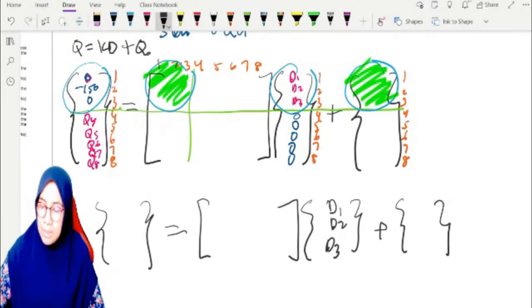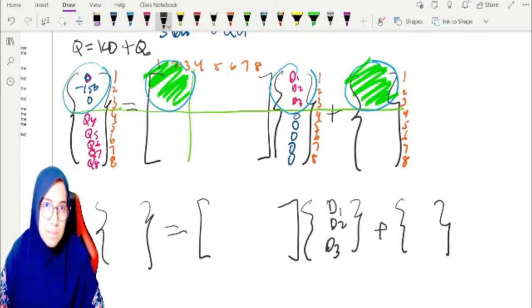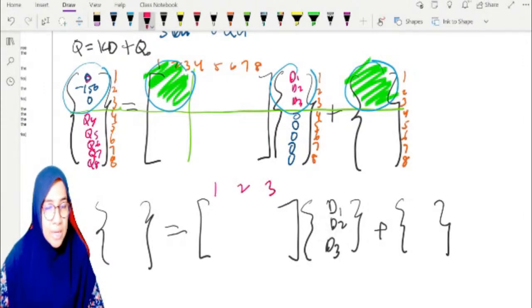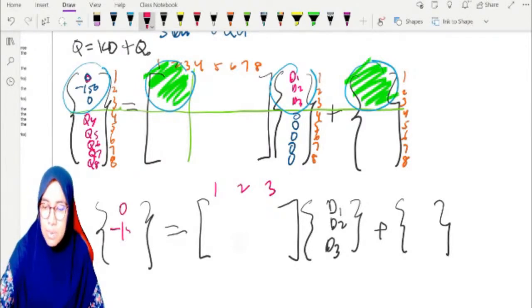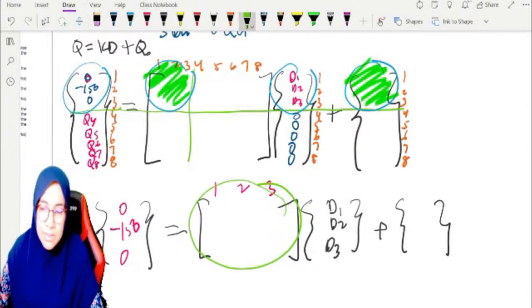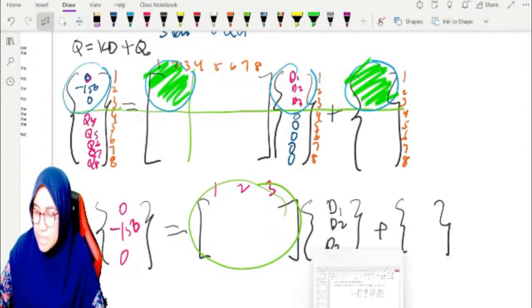Now we want to focus on the stiffness matrix, but I want to highlight this 3 by 3 only. So this is 0, negative 150, 0. Now I want to fill in this matrix, so we go back to this.